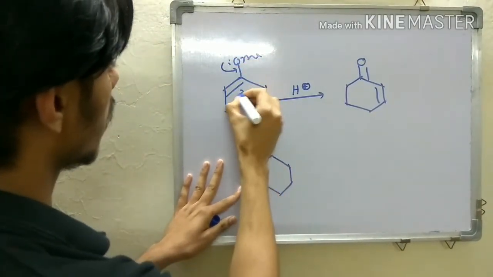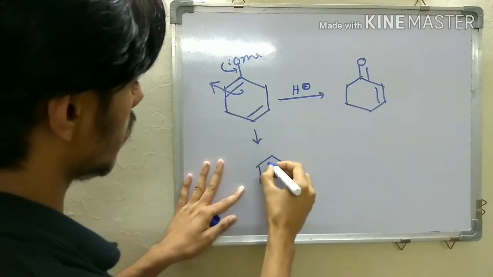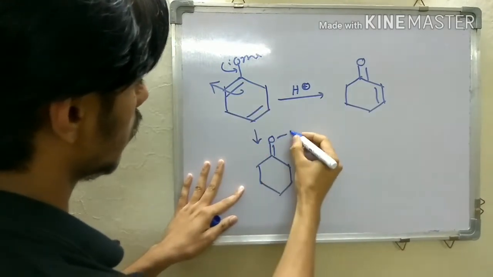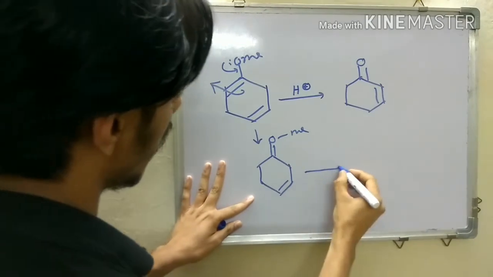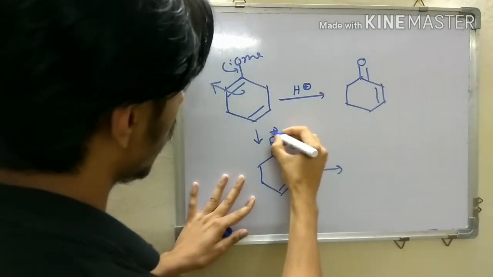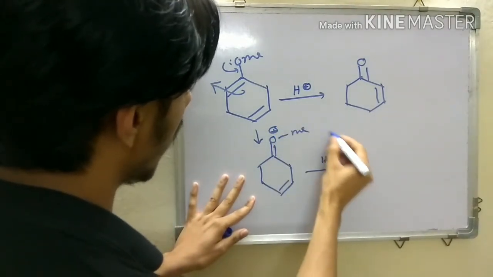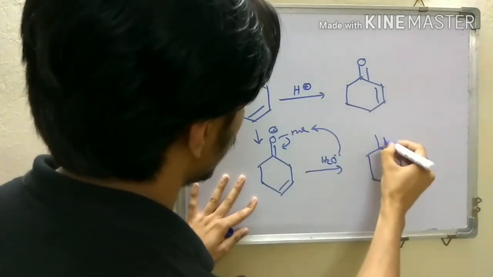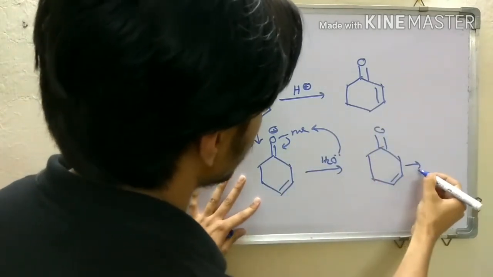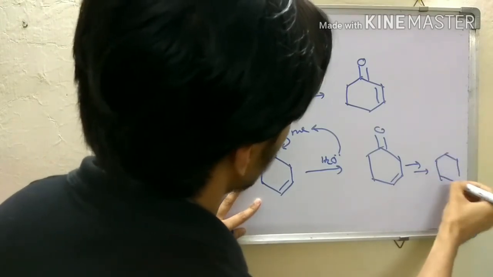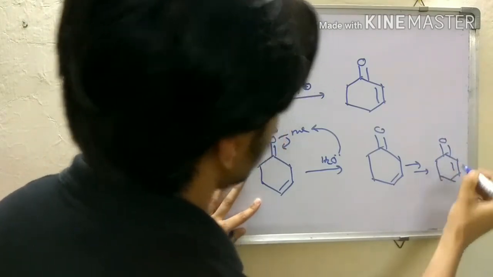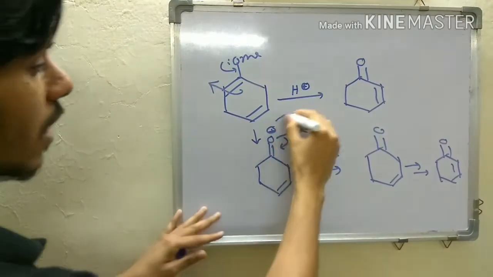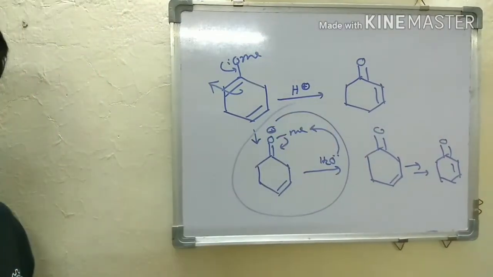You push an arrow and say that this oxonium is formed, and after that a water molecule will attack here, and you get this particular product. Then in acidic medium isomerization can take place and you get the conjugated structure, right? But this mechanism is wrong.